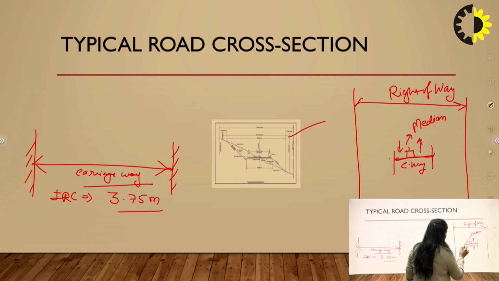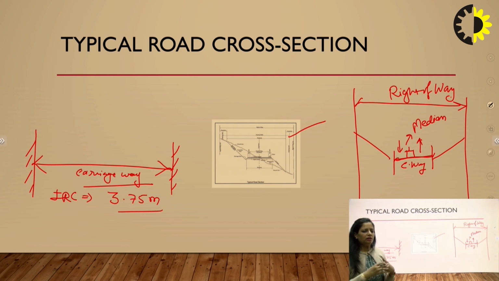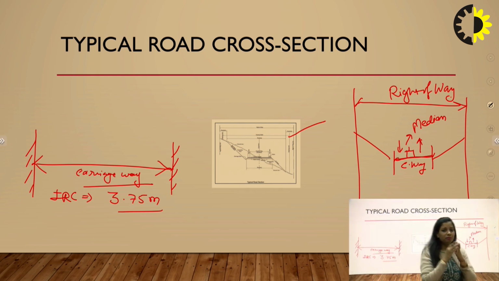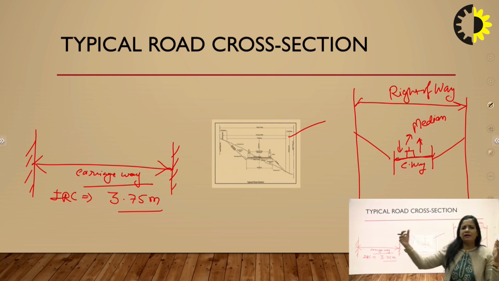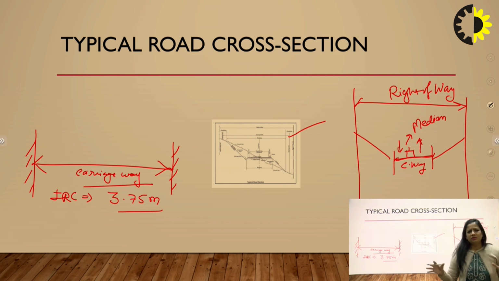So the right of way is the width of land given to construct any kind of project, suppose a national highway or state highway. In this right of way, we can construct different kinds of carriageways, medians, shoulders, and extra spaces for pedestrians and cyclists. So this is how a typical cross section of road can be designed. We will discuss it one by one.